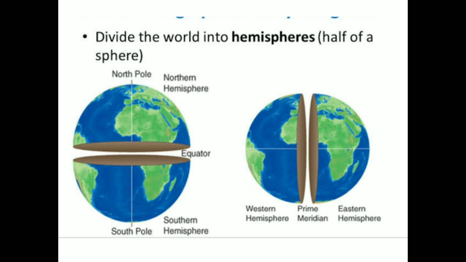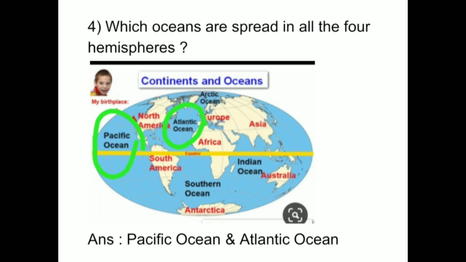In the first figure you can see the equator divides the earth into northern hemisphere and southern hemisphere, and in the second figure you can see the prime meridian divides the earth into western hemisphere and eastern hemisphere. It means there are 4 hemispheres. Along with that, we will move to the fourth question.